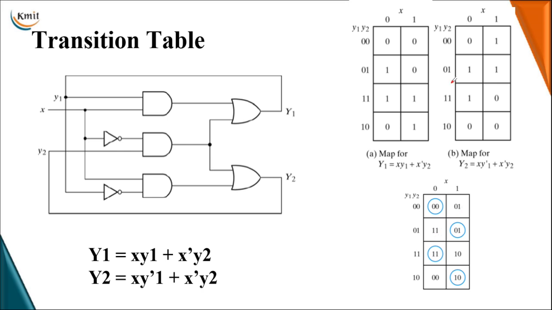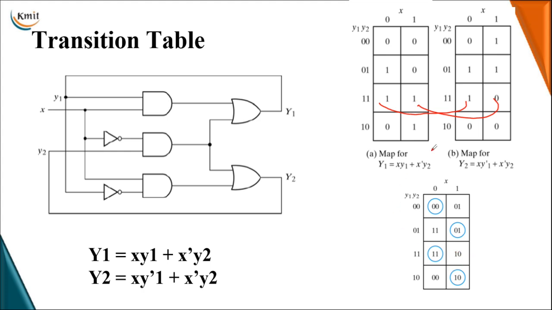Next, in the same manner, by interpreting all these squares, 1 1, here 0 1, then 1 1, then 1 1. With the present state of 1 1 and x value 0, we obtained a state transition of 1 1. Next with x input 1, with the present state of 1 1, the next state will be 1 0.